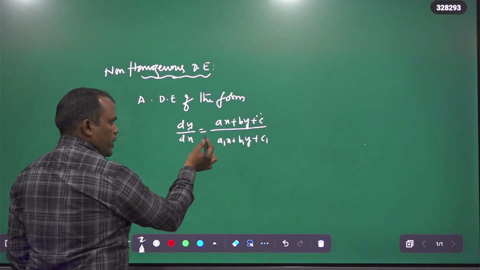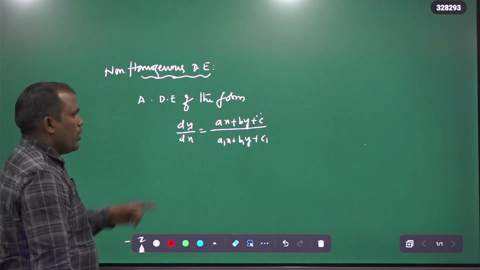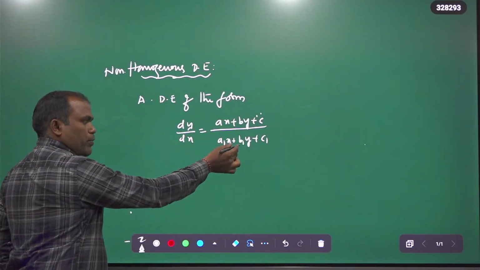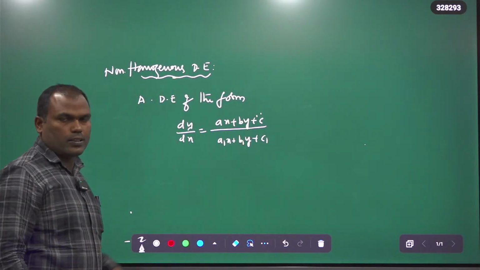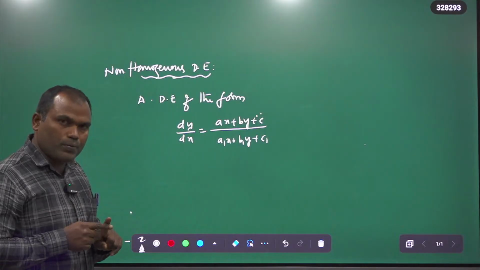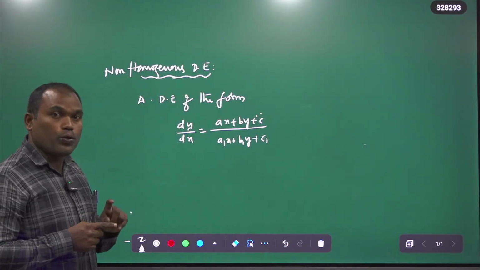Now dy by dx equal to (ax plus by plus c) by (a1x plus b1y plus c1). This is a non-homogeneous differential equation. Now what is the difference between non-homogeneous and homogeneous?